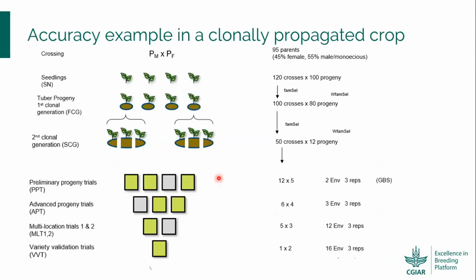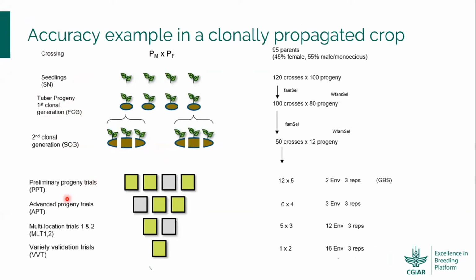So let me show you an example on a clonally propagated crop. We're working with yams, and they have, as in many crops, their crossing block, then they produce seedlings, then they have what they call the first clonal generation, the second clonal generation.